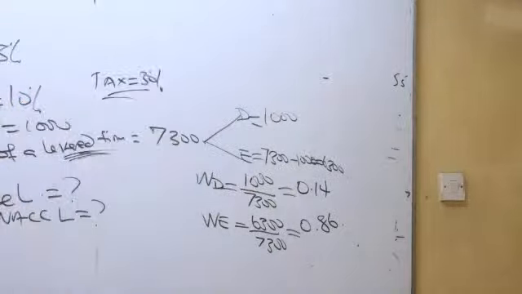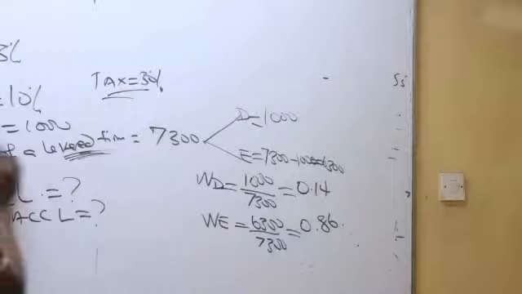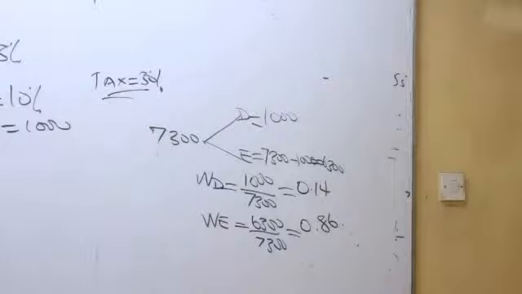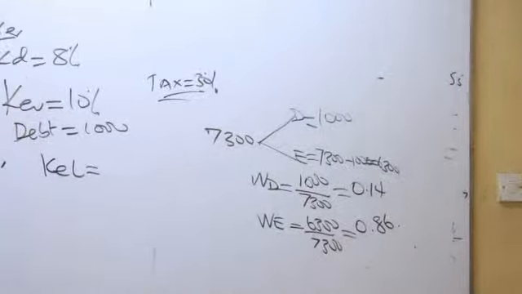Ladies and gentlemen, after that, I should be able to get the KEL here. So then how do I get the KEL here? I know the formula. I know how to get KEL.